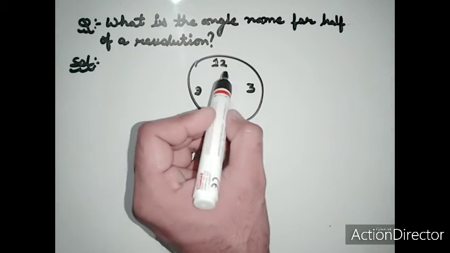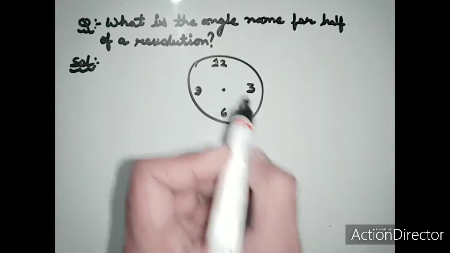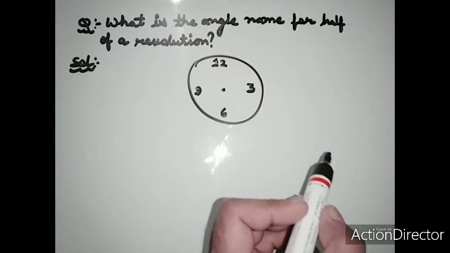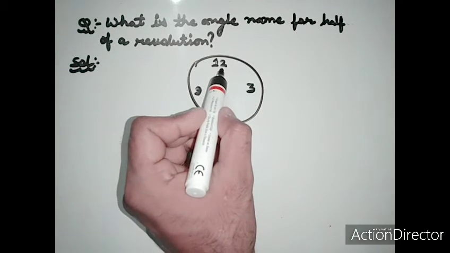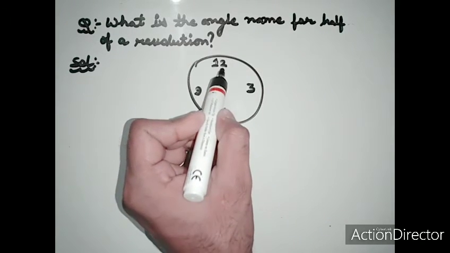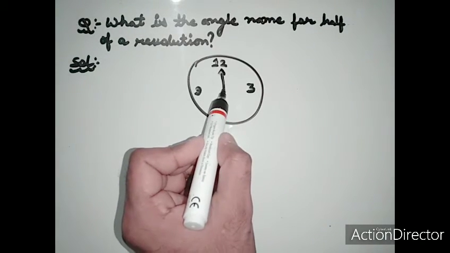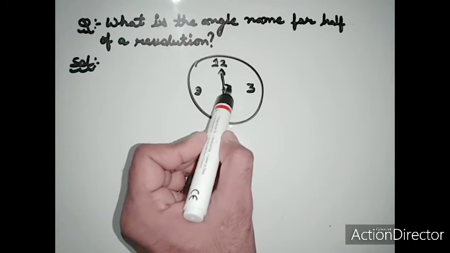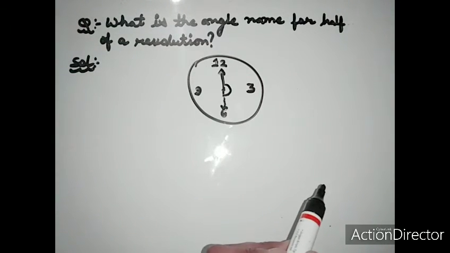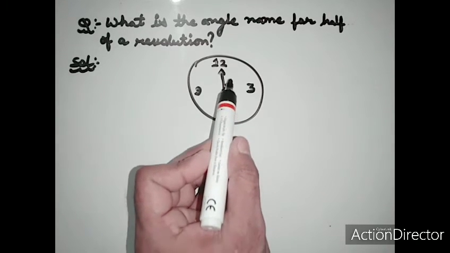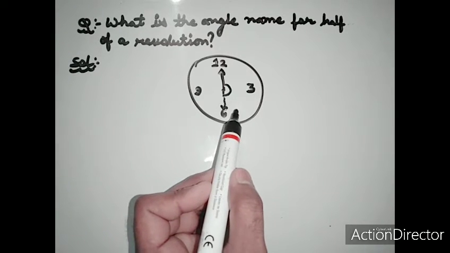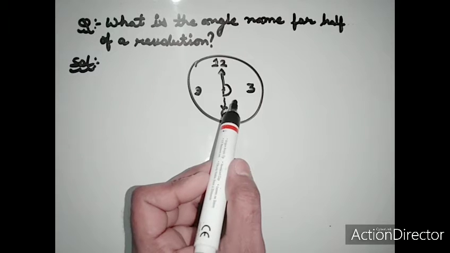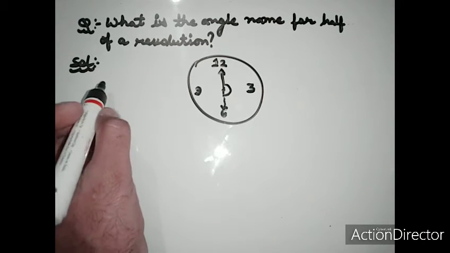Now half of a revolution means when this minute hand moves from 12 to 6. Let's move this half of a revolution. So what is the measure of this angle here? Right, 180 degrees.